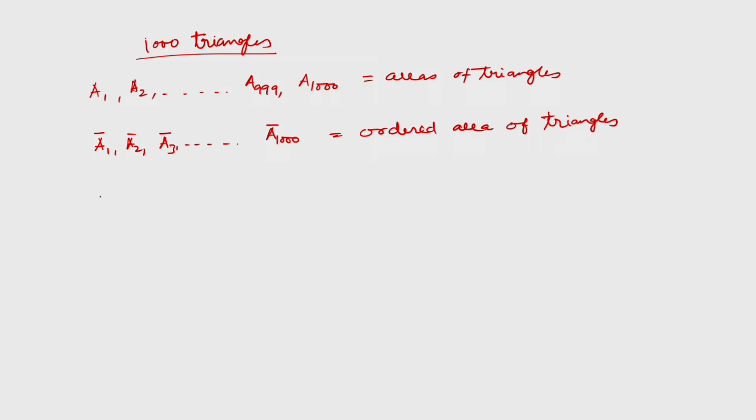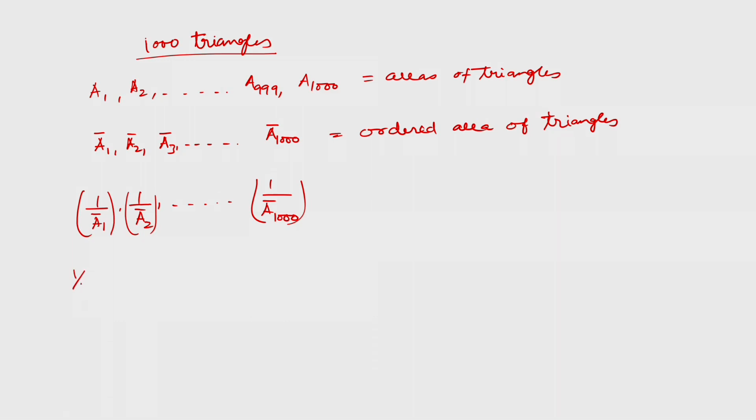Now you will find 1 upon A1 bar, 1 upon A2 bar, and so on. Each and every term is now representing the data density, right? Because it is a point divided by an area, that is, 1 upon meter square.